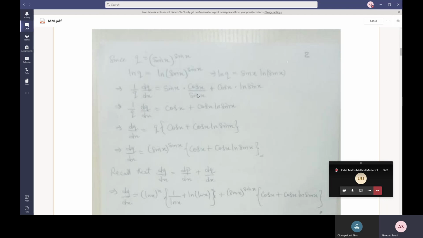So that's why you have this, plus v, which is ln sine x, du dx, differentiate sine x, what do we have? cos x. So sine here, we cancel sine here. We are going to have cos x, right? Plus cos x ln sine x, which is this part. Now, I can rearrange this, cos x times ln sine x.